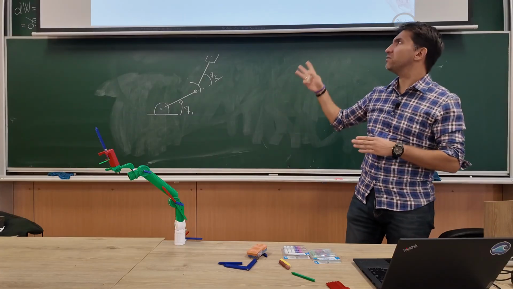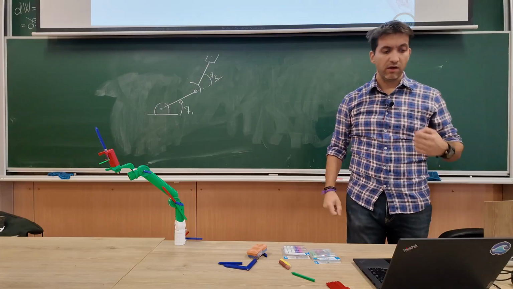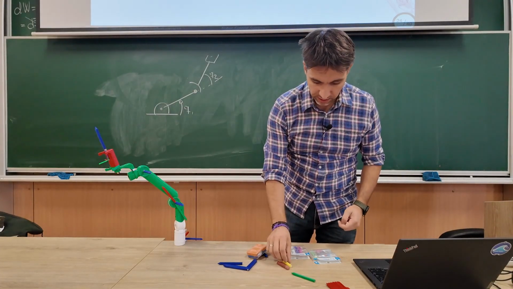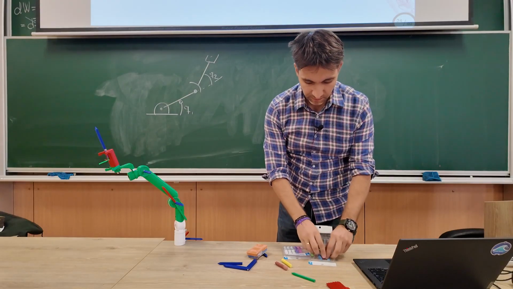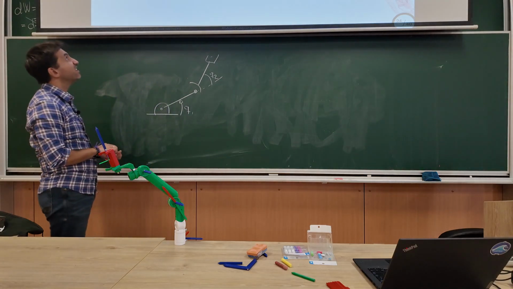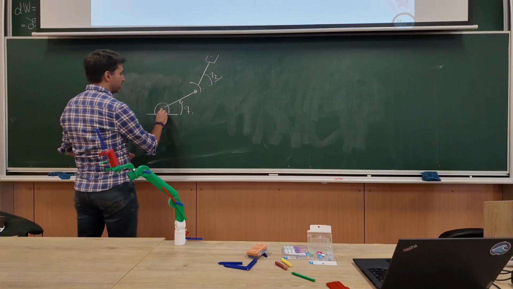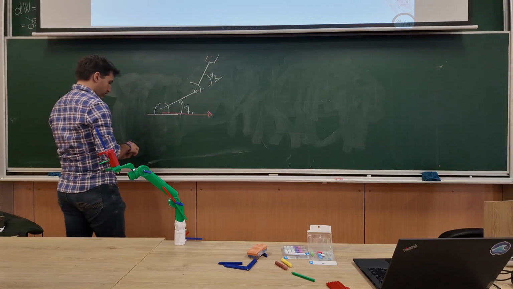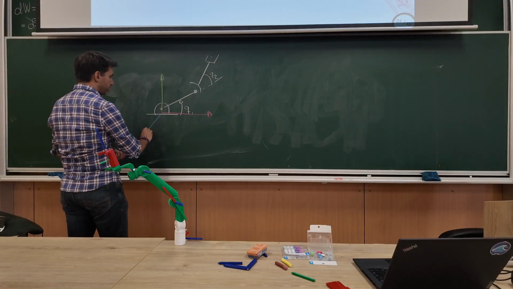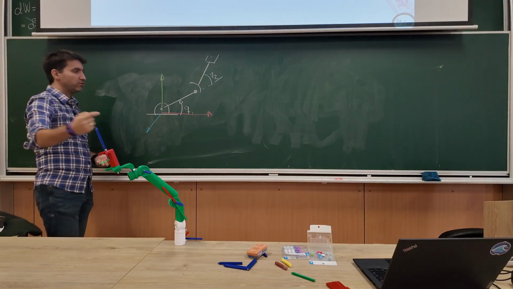We already know how to calculate forward kinematics, so I just give you the matrices directly. So R0 to 1 would be, let's put the frame here as well, so we have it. So we have a rotation on Z, so this is X, Y, and Z. Z is coming towards you.